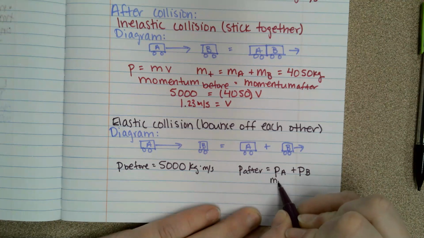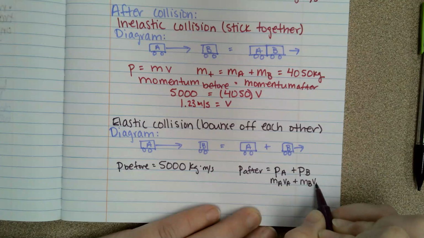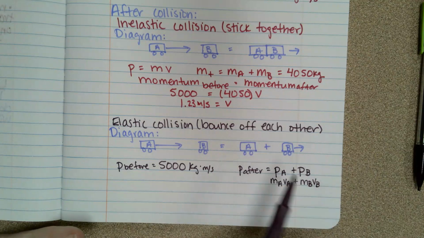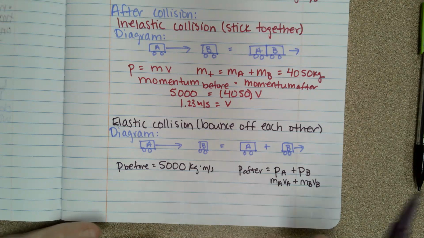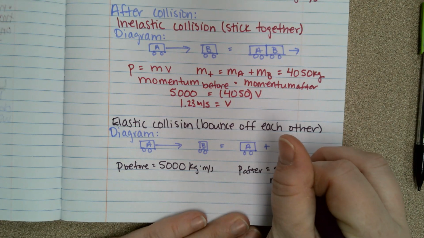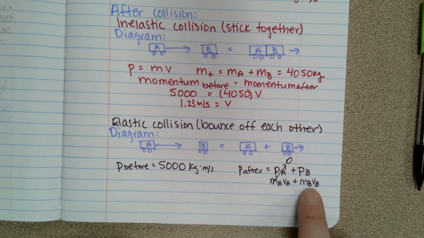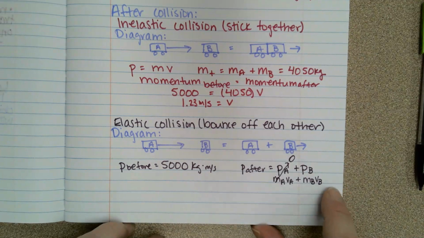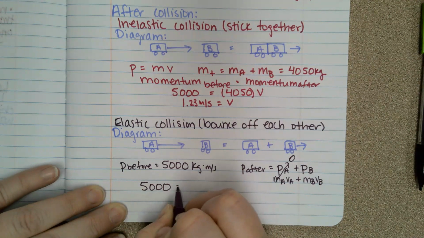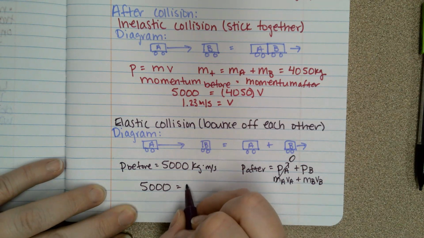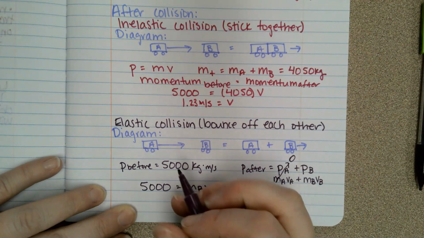So mass of A times the velocity of A plus the mass of B times the velocity of B. Now, in this situation, A has stopped, so we know that this is 0. So the momentum after is just going to equal the momentum of B, because B is the only object that's moving. So we have 5,000 equals our mass of B times the velocity of B, which is what we're looking for.